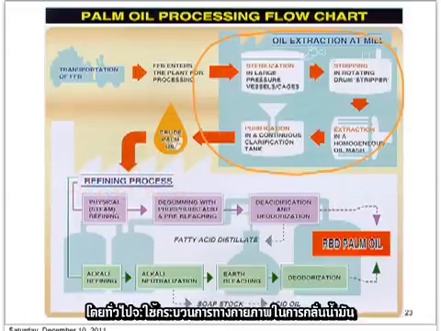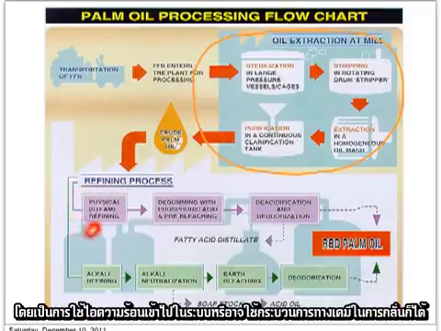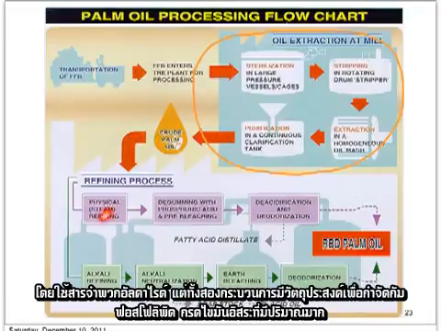And we will look at the refining process later, but basically we can use physical refining by using steam, or we can use chemical refining by using an alkaline process. But both, whether physical or alkaline refining, the idea is to remove the gums or phospholipids, and free fatty acid.